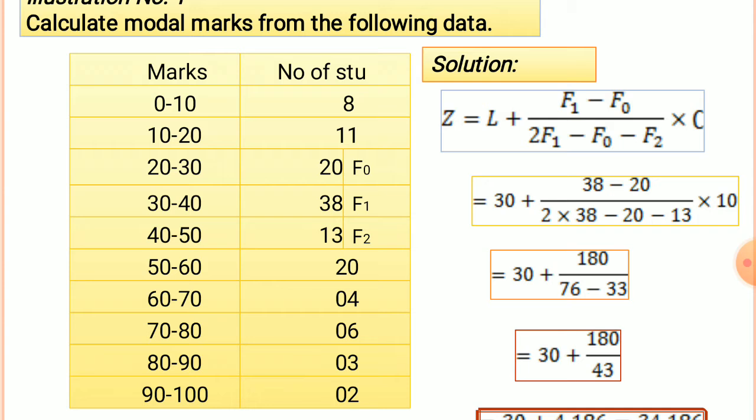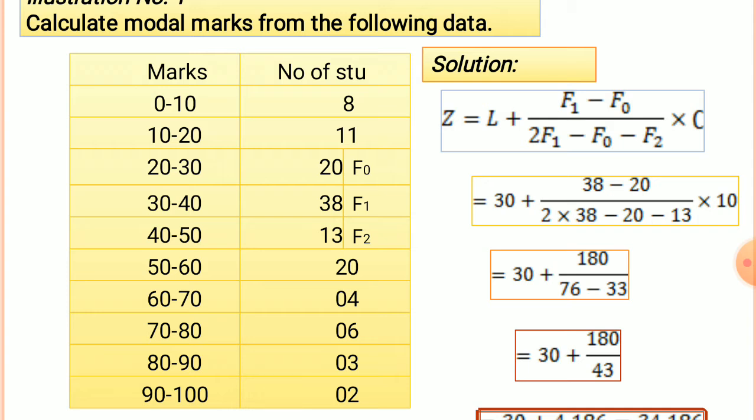Just by applying the empirical formula we can calculate the model value. Just by observation we can say that the model class is 30 to 40 because it has the highest frequency 38.